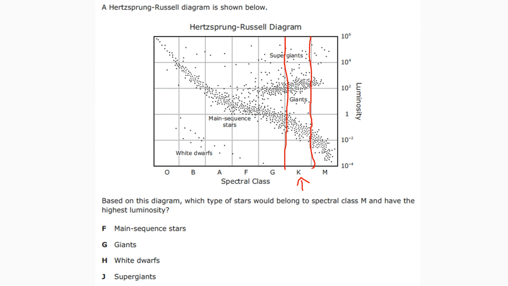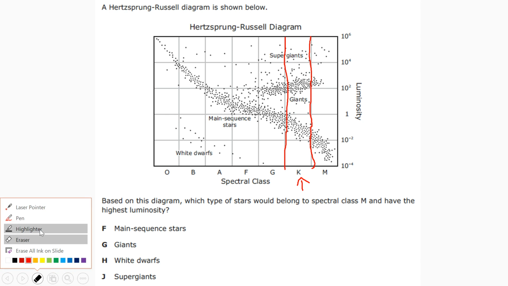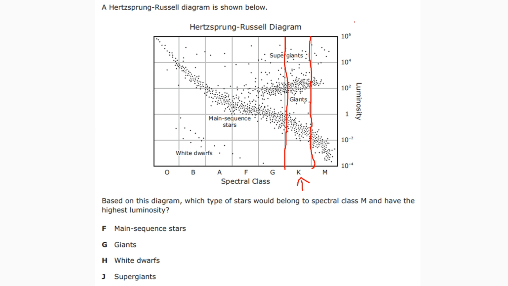But it wants the stars that have the highest luminosity. Luminosity increases as you go from the bottom to the top. So our main sequence stars have the lowest luminosity, but we have some supergiants in spectral class K that have a higher luminosity. So the correct answer is J.